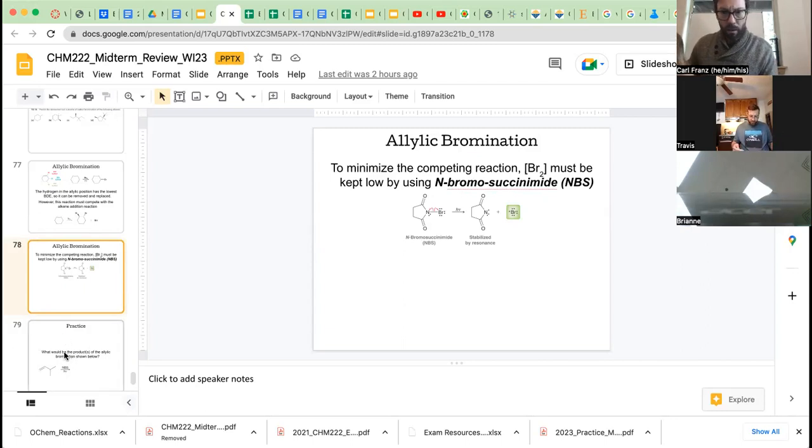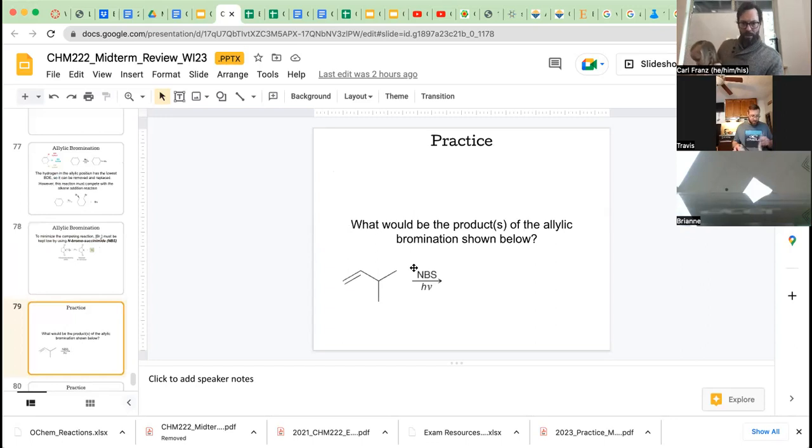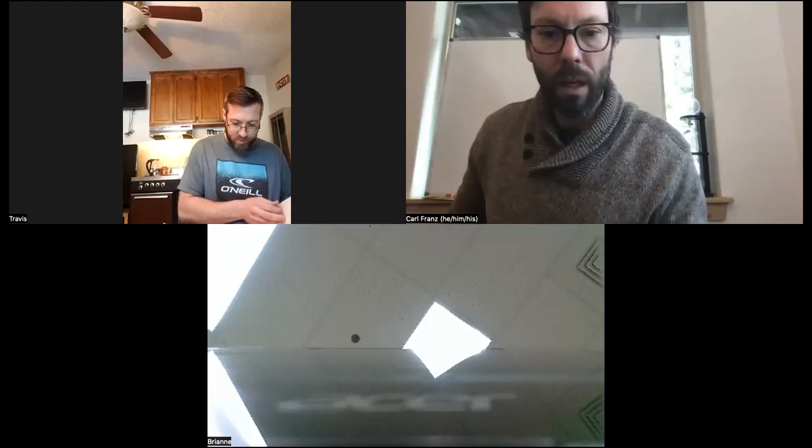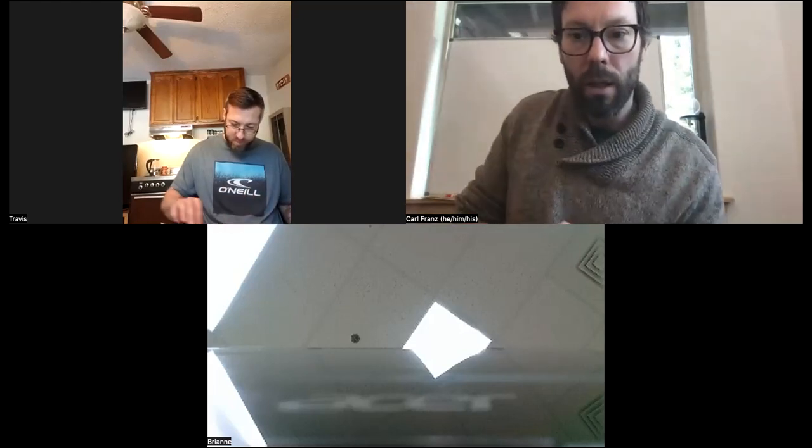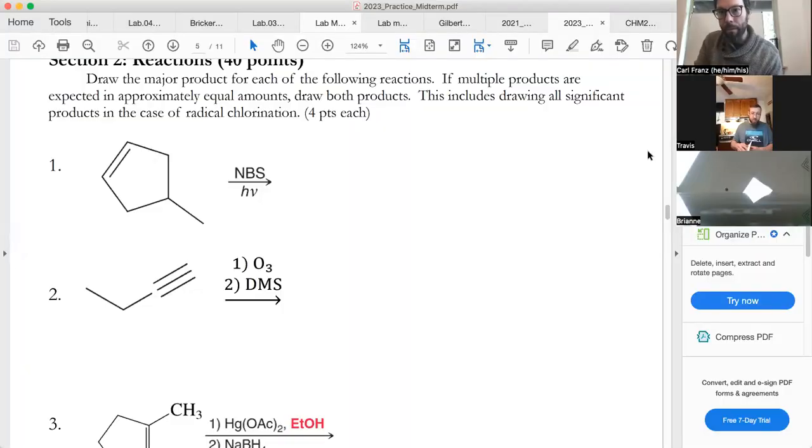Actually, I think this is exactly the same molecule that I used for the mechanism later on. But essentially, let's go back here and get our annotation.